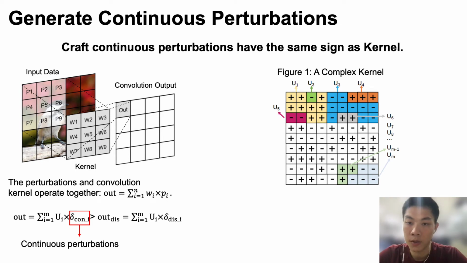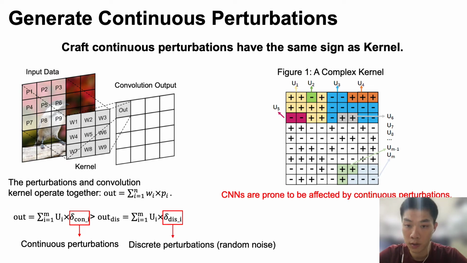Inspired by previous example, to maximize out, we should generate perturbations that have the same size as these kernel elements, and we call such perturbations continuous perturbations. In contrast, existing methods generate random noise, which is discrete perturbations, making out smaller. We summarize this point as CNNs are prone to be affected by continuous perturbations.